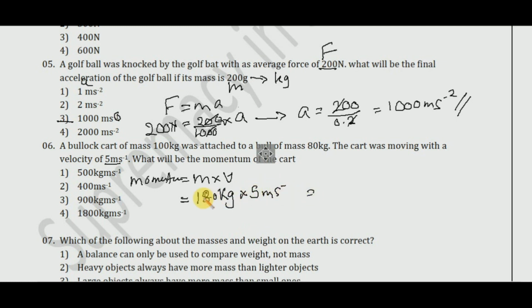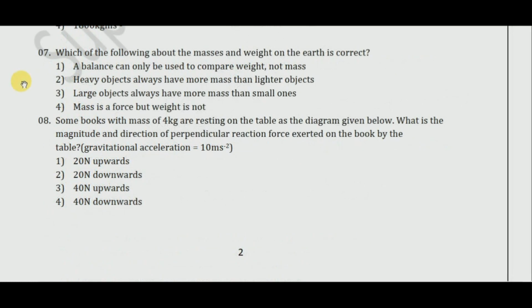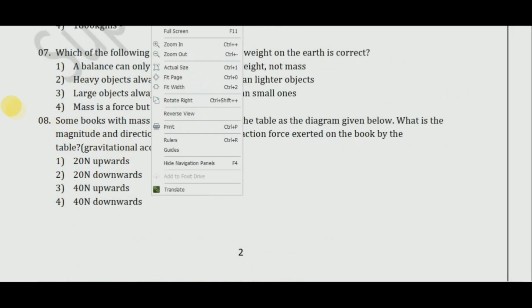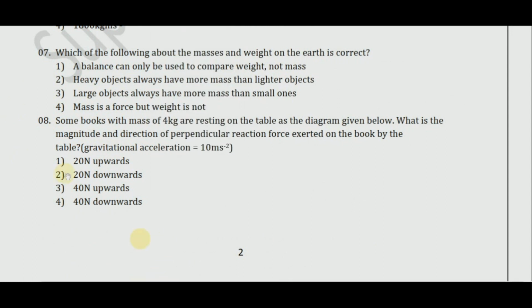So easy case, 5 times 18, 90, you get 900 kilogram meters per second. Right, this is the answer. You can see the answer is the third one here also. Question number 7 we are discussing. Let's see what we are getting here in question number 7.